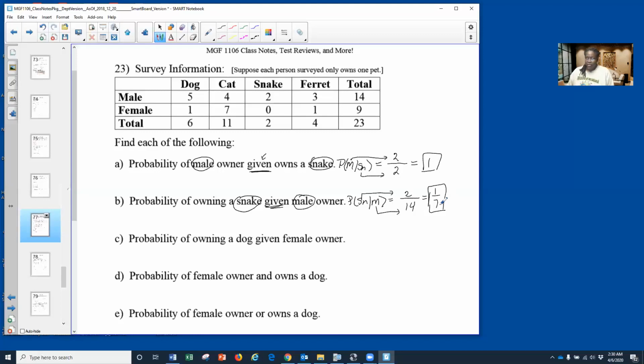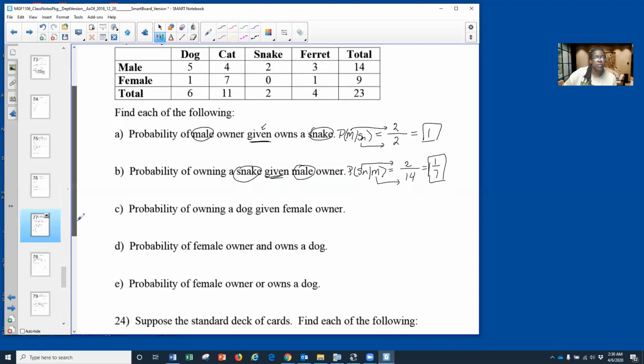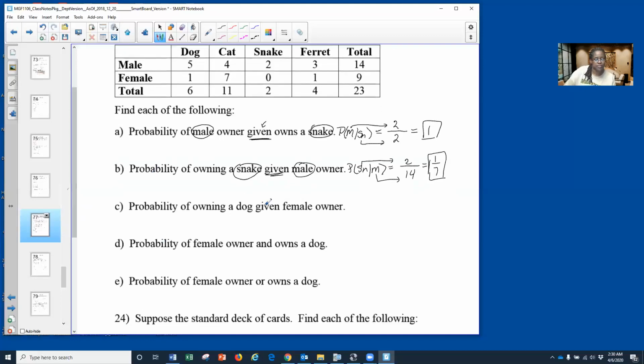Okay, let's check what we have. Leave the table there so we can see it. All right, so C says the probability of owning a dog given female owner. So here we have, writing out my structure, probability of owning a dog given female, right?